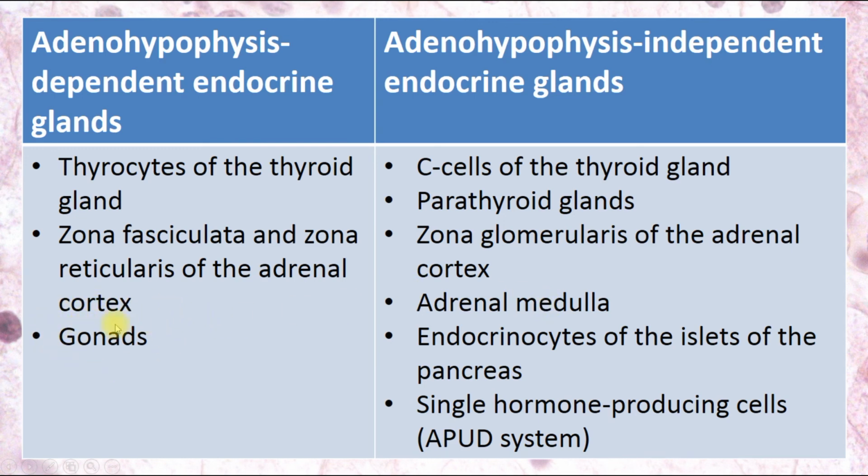Gonads are under control of FSH and LH, as well as zona reticularis of the adrenal cortex. Both produce sex hormones. Also, endocrinocytes of the islets of Langerhans of the pancreas, and single hormone-producing cells in the APUD system, are adenohypophysis-independent endocrine glands.